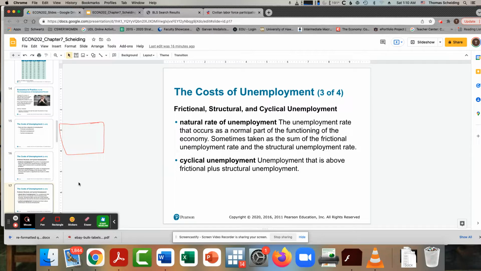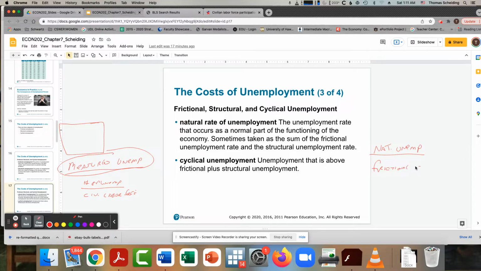So the idea here, if we just write this out here, is that we have a measured unemployment rate, which is the number of unemployed over the size of the civilian labor force. We just saw that calculation before, right? Now, what we're saying is that we can compare the measured unemployment to the natural unemployment, which is the frictional plus the structural.